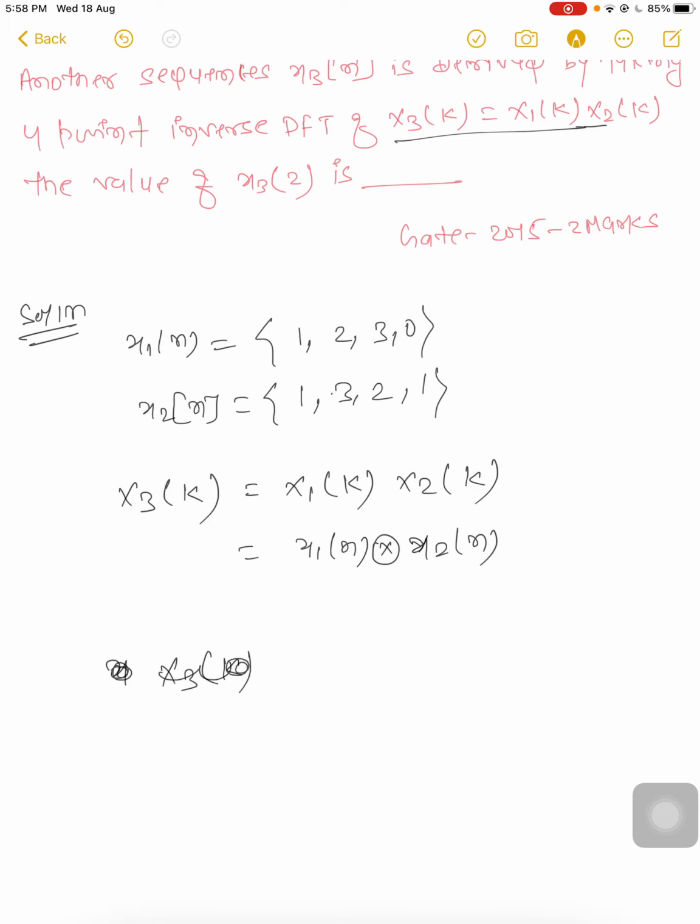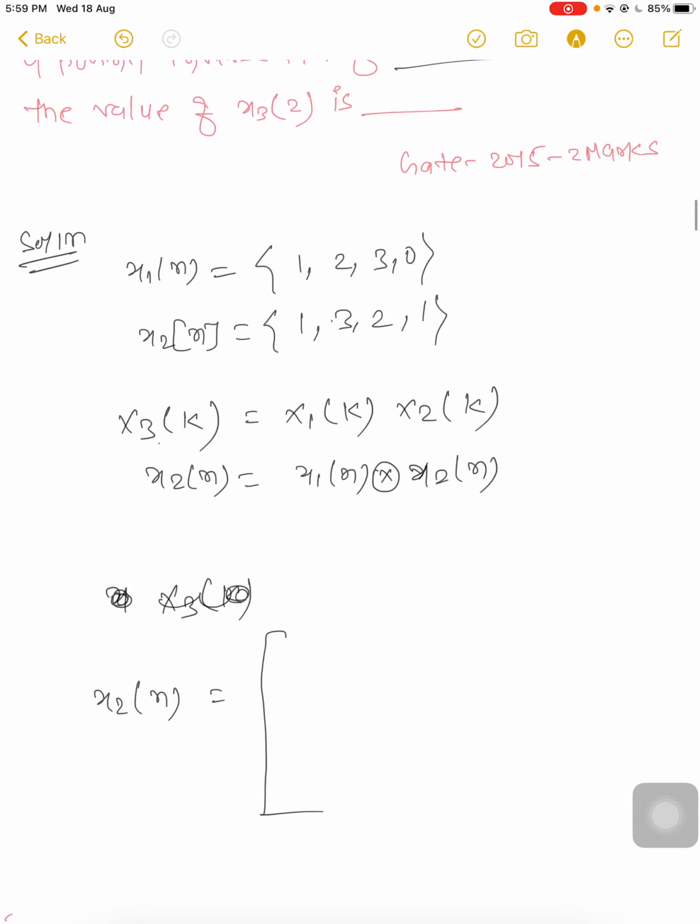Here it is the multiplication, so in the time domain it is convolution and in the frequency domain it will be multiplication. So x1 n will be 1 2 3 0, 0 1 2 3, then 3 0 1 2, and now 2 3 0 1.